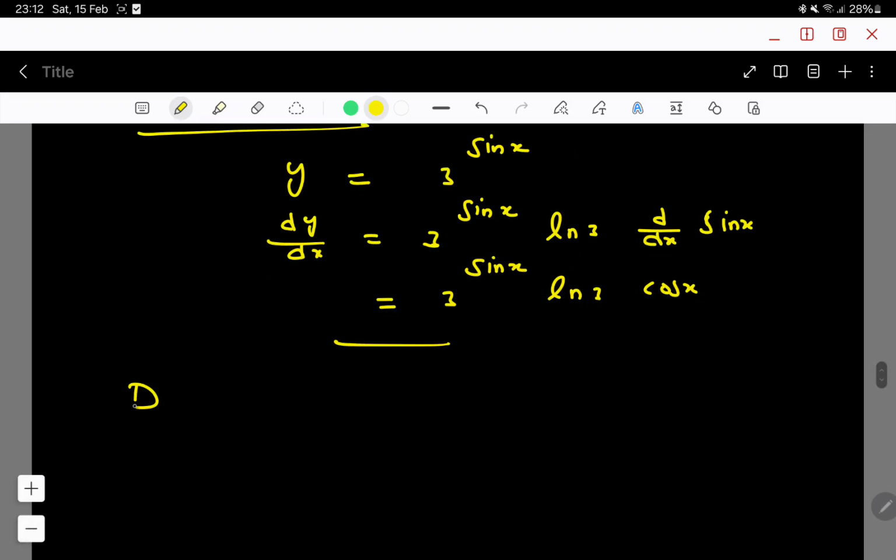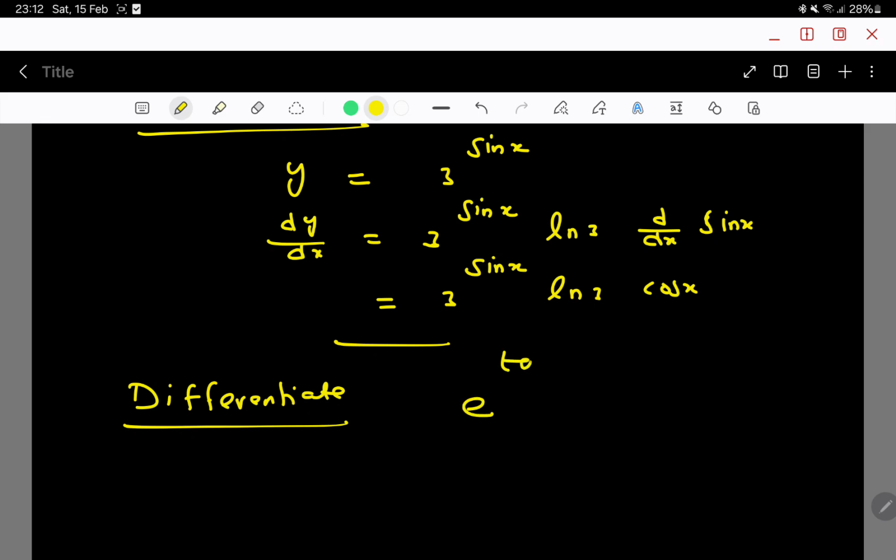Next example, differentiate e power tan x cube. E is a natural exponential function here.